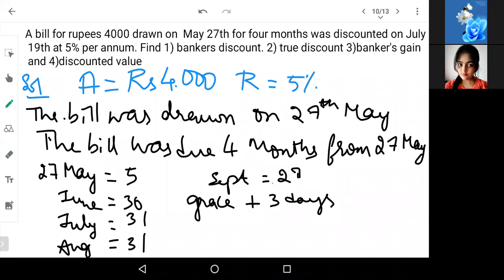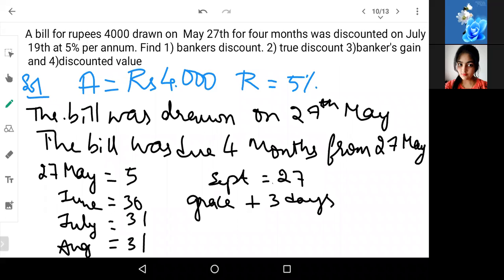This will be 27. So now check how many days you have got. Here 5 days plus 30 plus 31 plus 31 and then 27 plus 3. So you have totally got 127 days, correct.